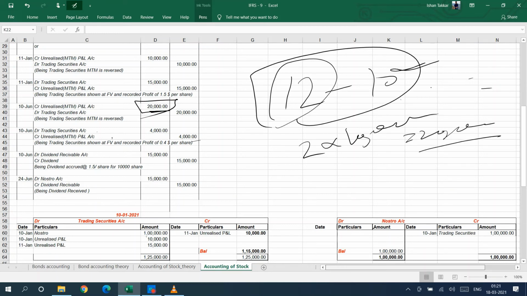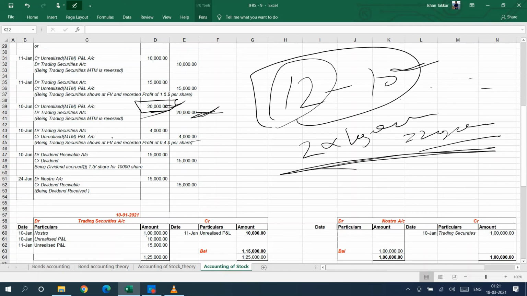But as I said, we do the reverse and refresh accounting. So the profit you were showing of 20,000 you will reverse, so you will show a loss of 20,000 on 10th June, and you will dispose of the asset of 20,000 and book a fresh asset of the share.